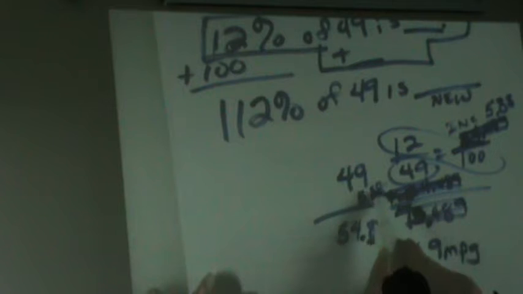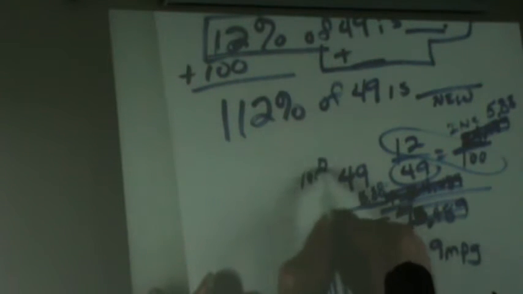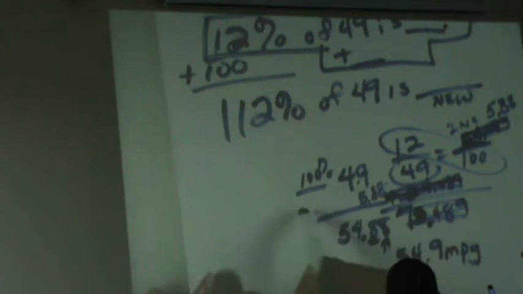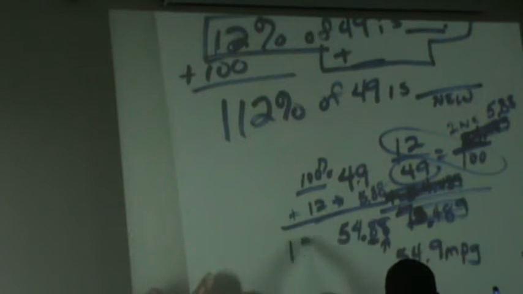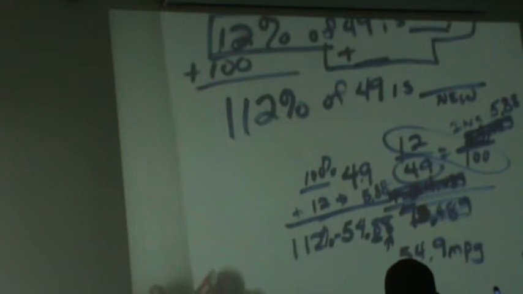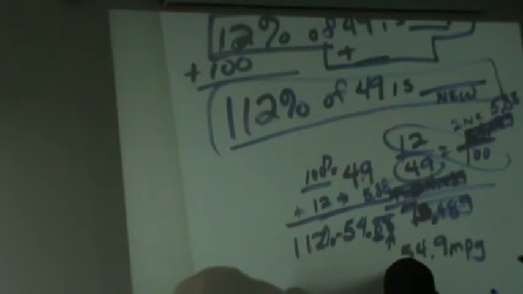Okay, this was 100% of our old. This is 12% of our old. So our new number is 112% of the old. Let's do this and see if it comes out to the same, 54.9.